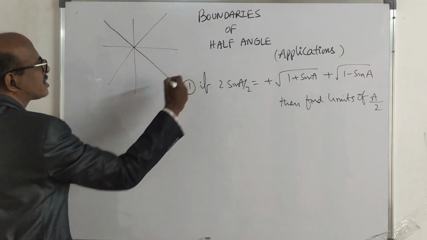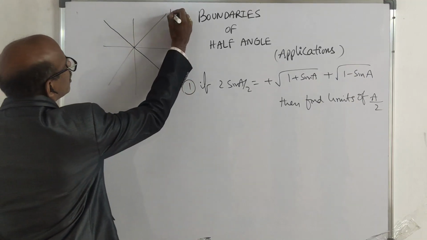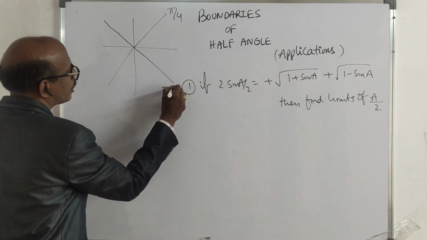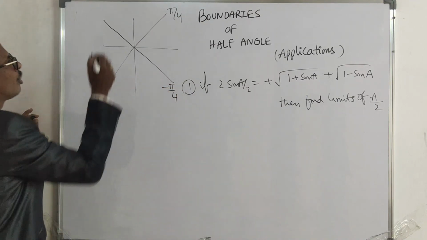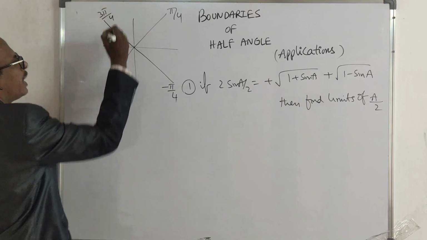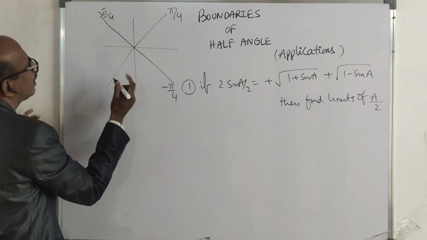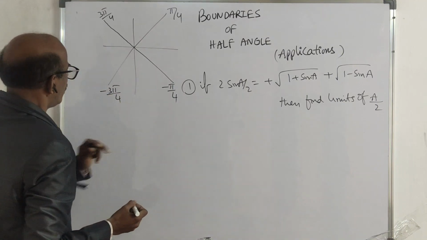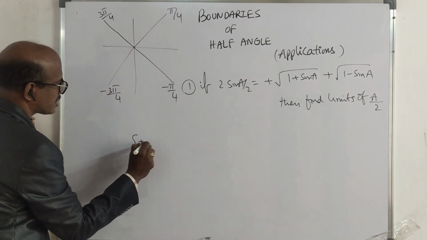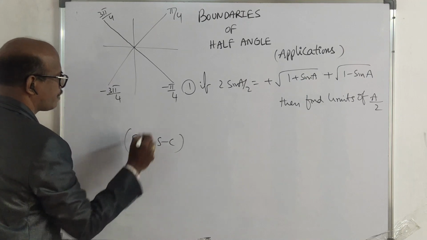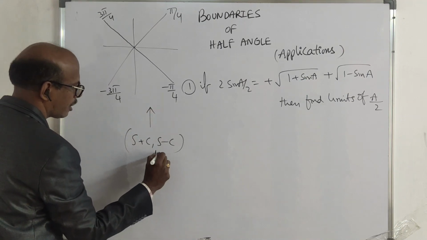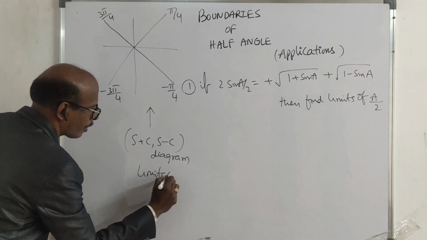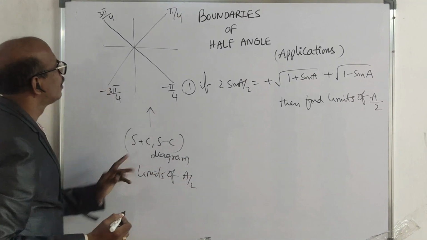If not, please watch that video, then there will be clarity. Many times I told that matter, so don't feel bored. It is a good application of boundaries of half angle, limits of A by 2, directly from the S plus C, S minus C diagram. Concentrate. Limits of A by 2.